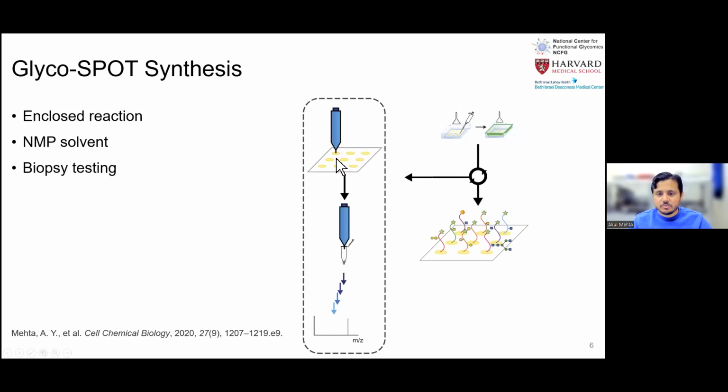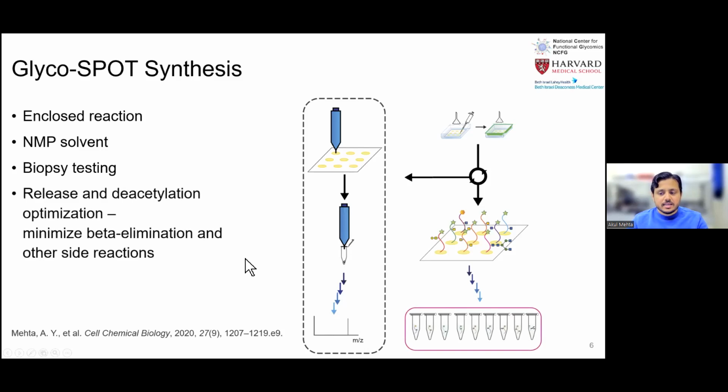And this spot of cellulose filter paper can then be taken in an Eppendorf tube. And then using this Eppendorf tube, you can actually deprotect and release the glycopeptides and then analyze either by MALDI or any MS characterization or even HPLC.